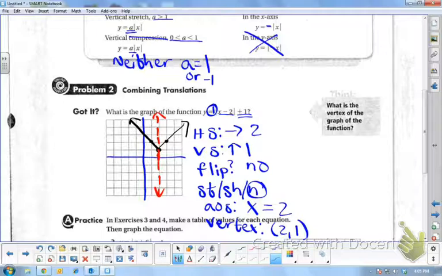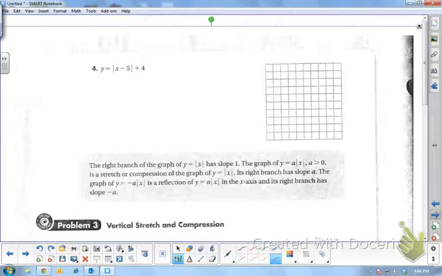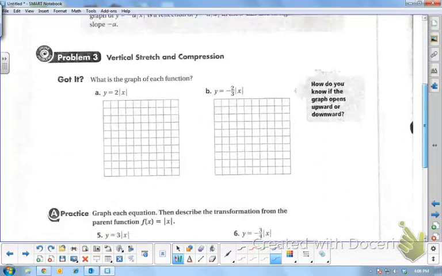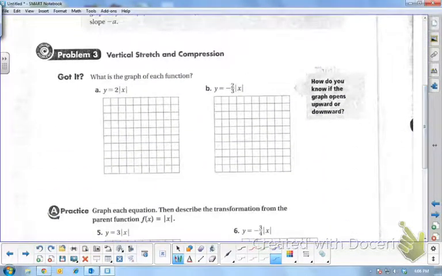So we need to do one more example where we see what happens when we have a number in front. So here we have y equals 2 times the absolute value of x. We have to identify all the same things.